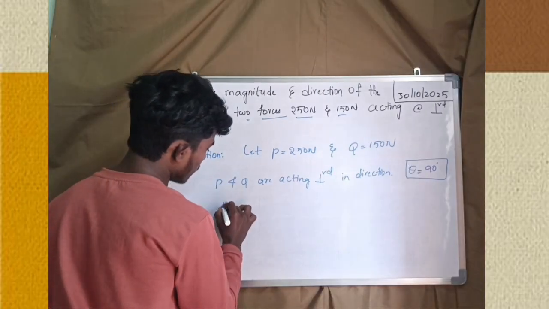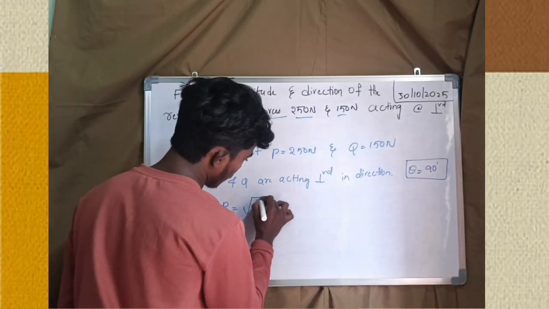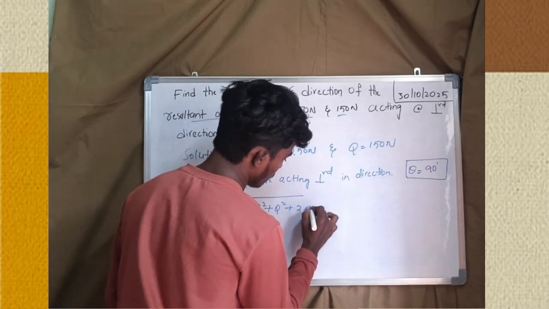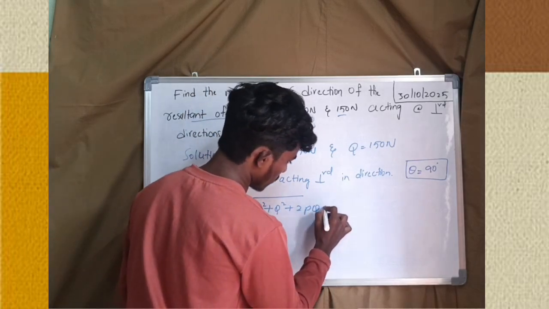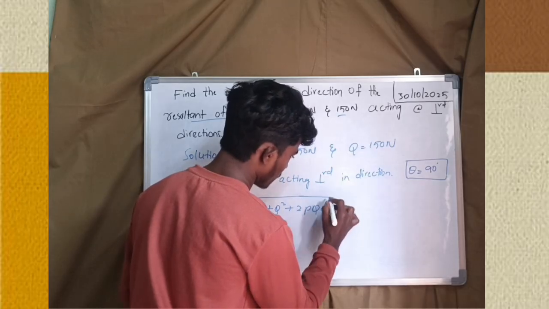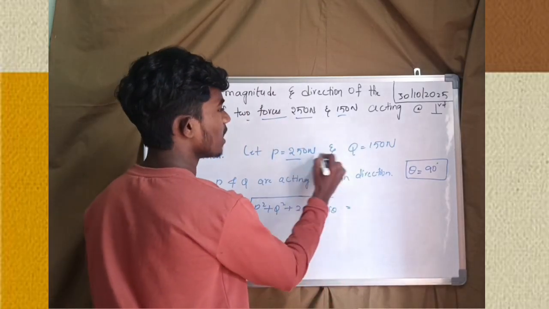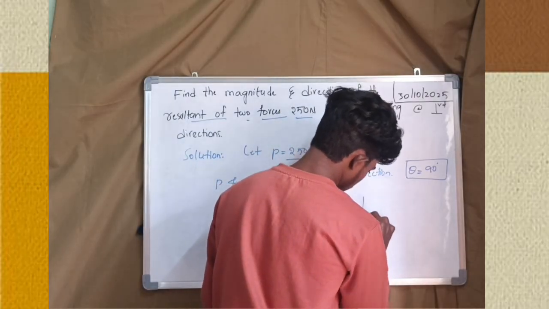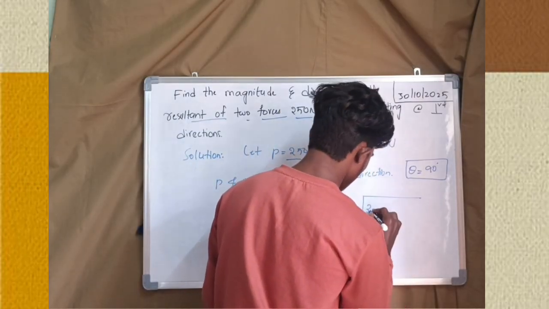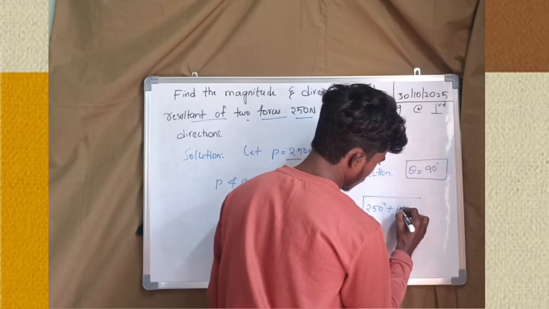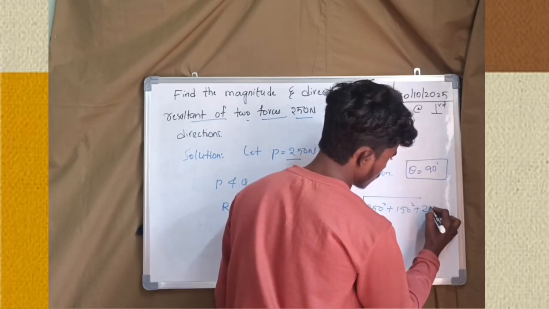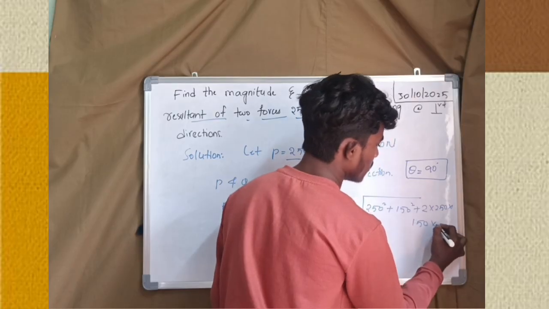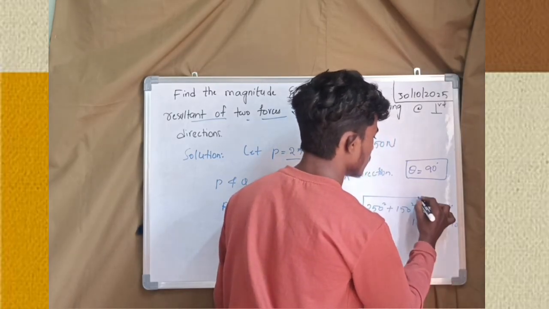To find magnitude, R equal to under root of P square plus Q square plus 2PQ cos theta. By substituting P and Q values in this, we get under root of 250 square plus 150 square plus 2 into 250 into 150 into cos 90.